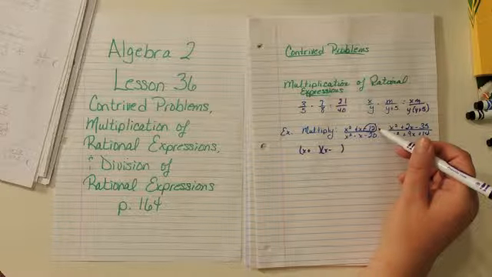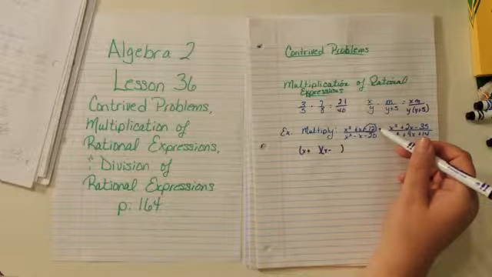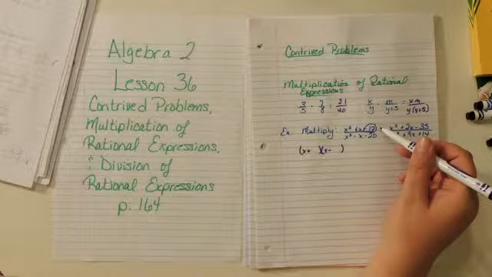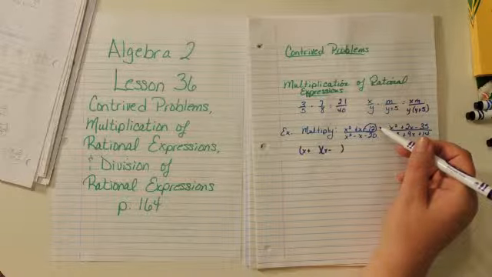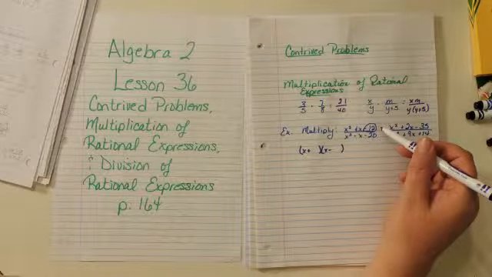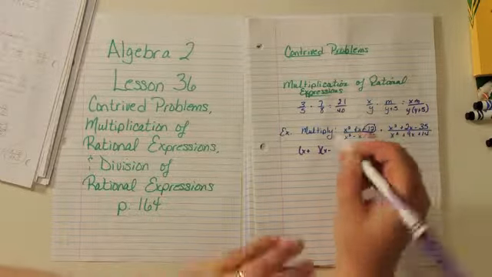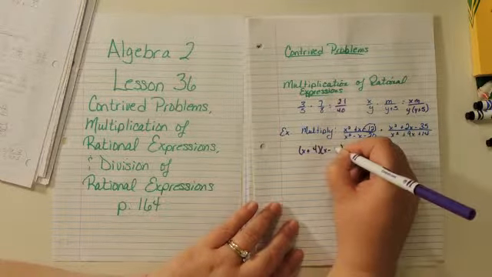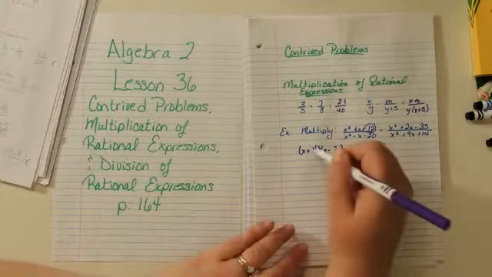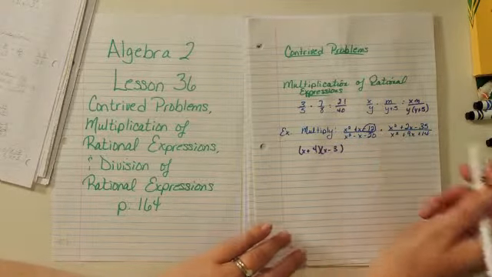We have negative 1 and positive 12, which is going to add up to positive 11. We have negative 6 and positive 2, which add up to negative 4. Or positive 6 and negative 2, which add up to negative 4. We have negative 3 and positive 4, which add up to positive 1. So we'll have a positive 4 and a negative 3, because 4 times negative 3 is negative 12, but 4 minus 3 is positive 1.